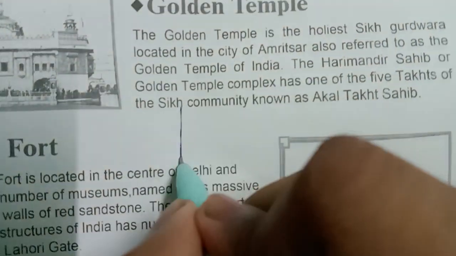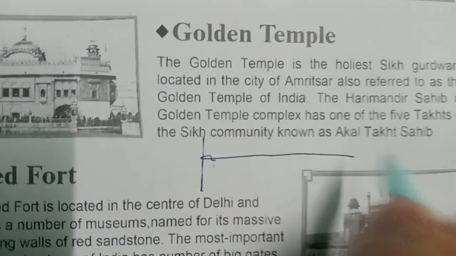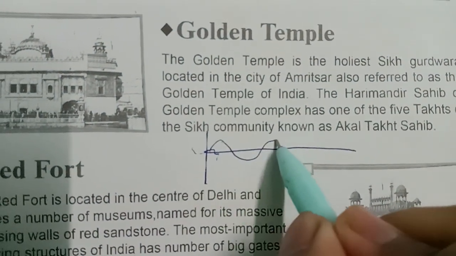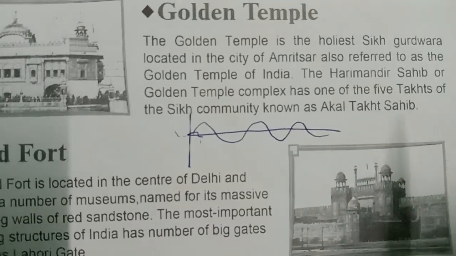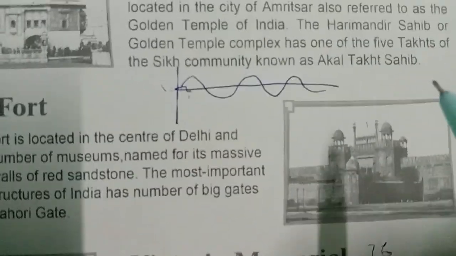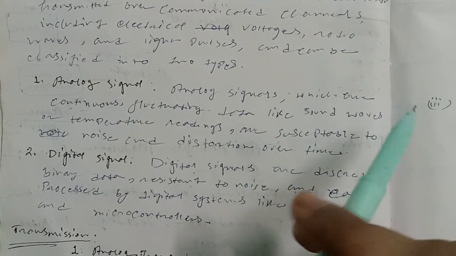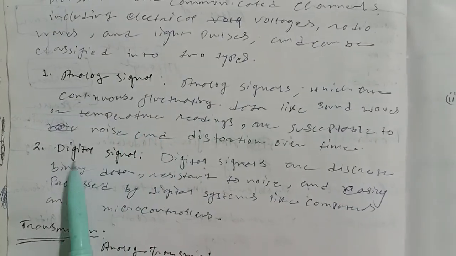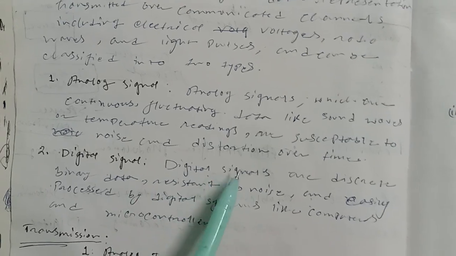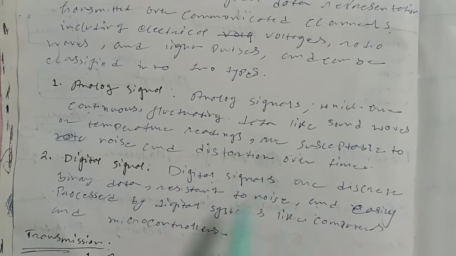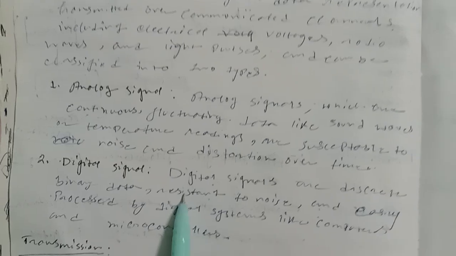Like if this is the base, so this will be an analog signal. Analog signals are continuous signals, not discrete signals. Now, what is a digital signal? Digital signals are discrete signals. These are not continuous signals, unlike an analog signal.